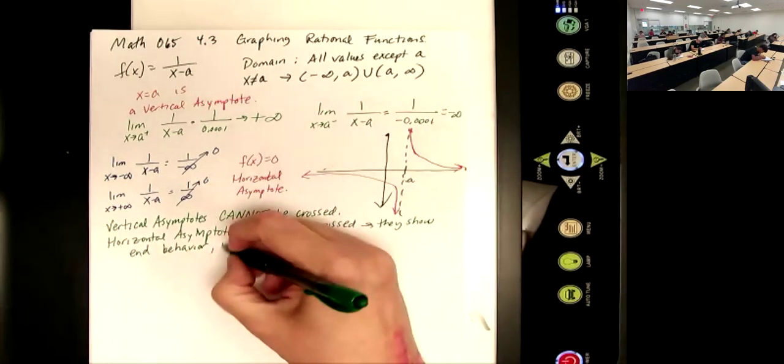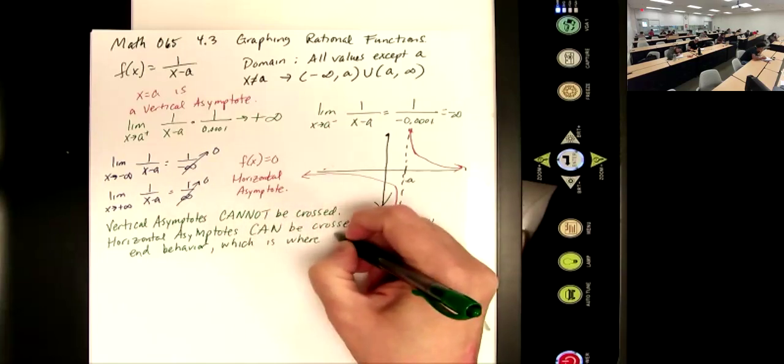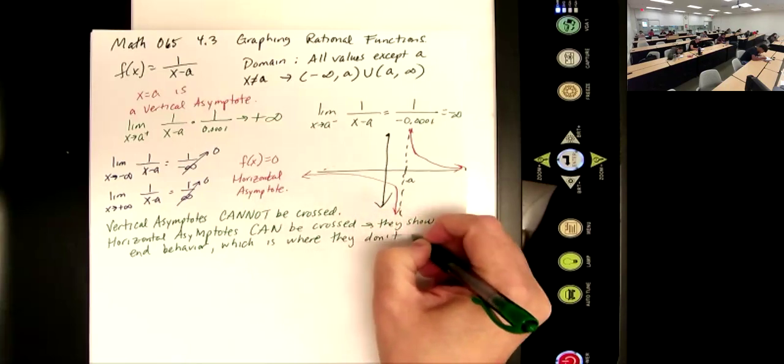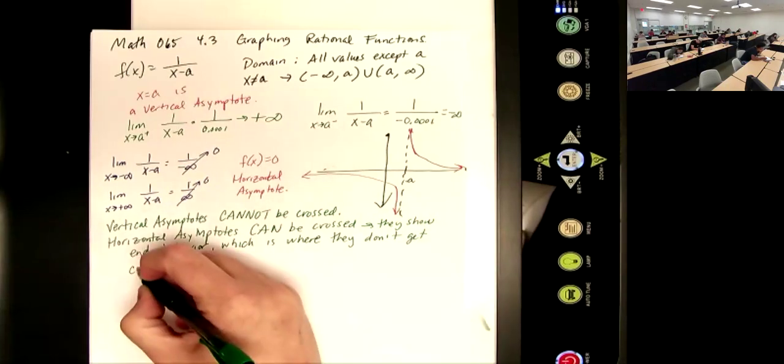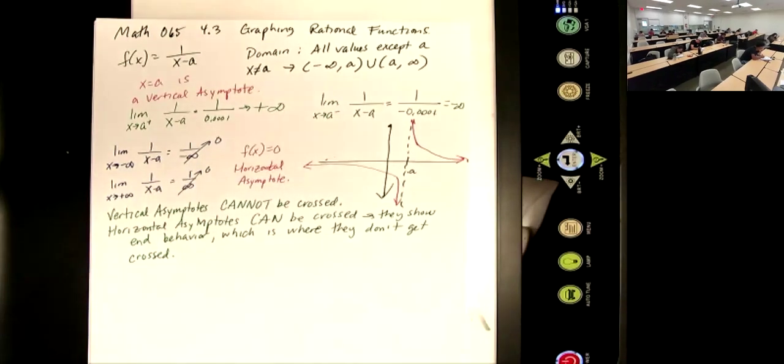Which is where they don't get crossed. So in the middle of the graph, you can cross the horizontal asymptote all you want. Horizontal asymptotes are really more about what's going on as you go to negative infinity or positive infinity.